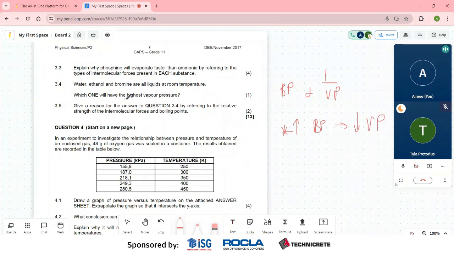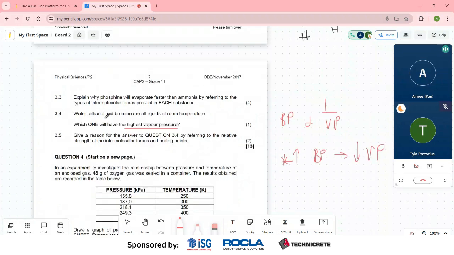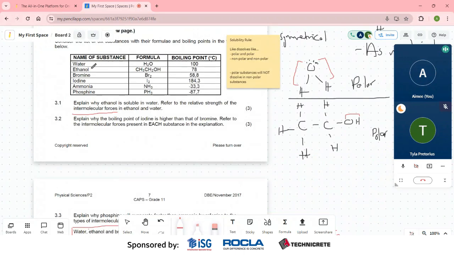So they've asked you to find the highest vapor pressure, which means we are looking for the lowest boiling point. But remember, we're looking specifically between water, ethanol, and bromine here. So don't make the mistake of choosing one that isn't in this list of three.